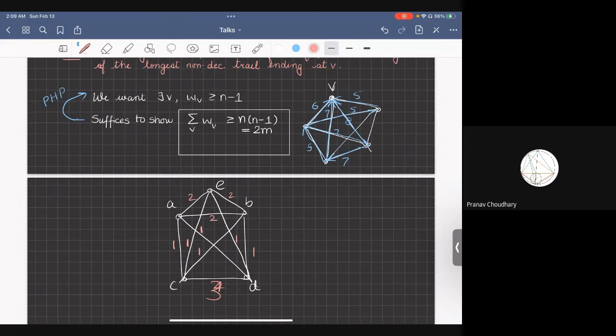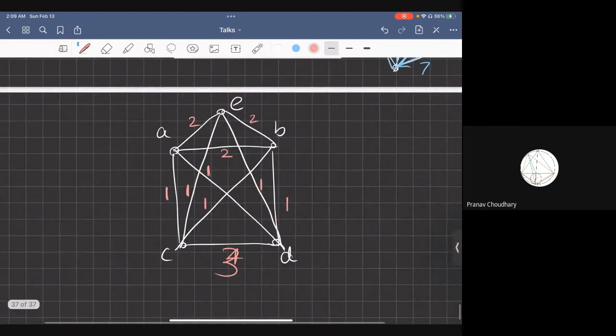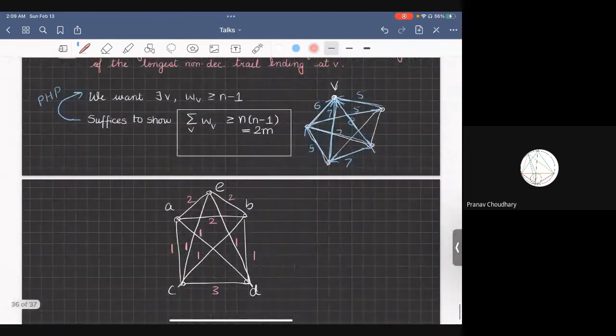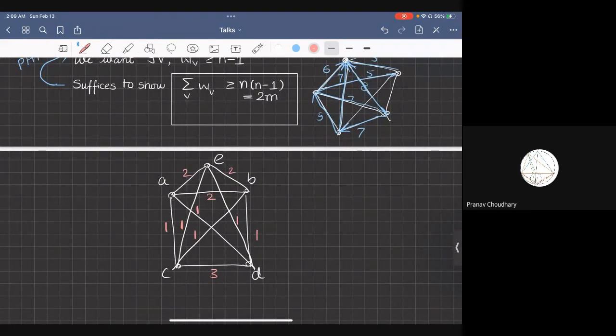Okay, yeah, I think this should work. I don't think CD occurs as an edge of any maximum trail among all v. I think this should work as a counterexample to your claim.